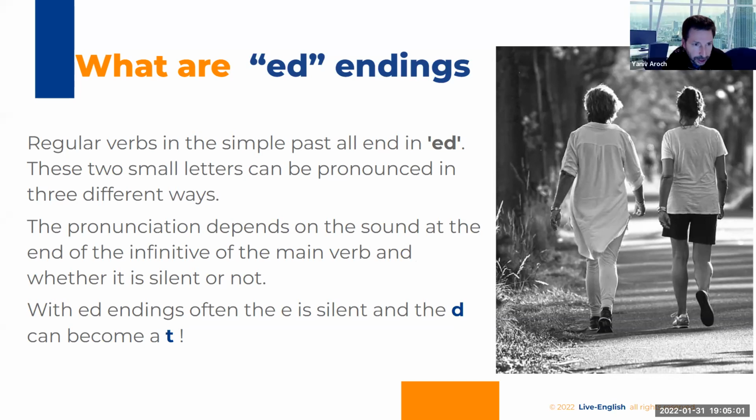The pronunciation depends on the sounds at the end of the infinitive of the main verbs and whether it is silent or not. With ED endings, often the E is silent and the D can become a T. A T. Clear?